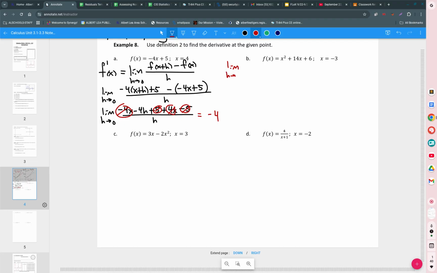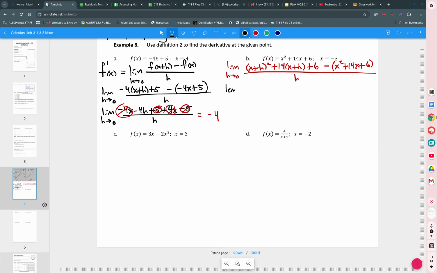So let's try this here. Limit as h goes to 0 of x plus h quantity squared plus 14 times x plus h plus 6 minus the quantity x squared plus 14x plus 6, and it all just sits over h. Where's the -3 fit into that? We'll do that in just a second.